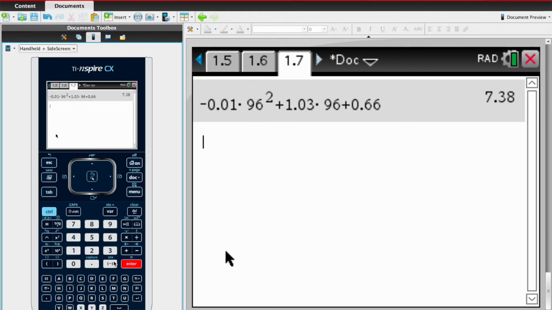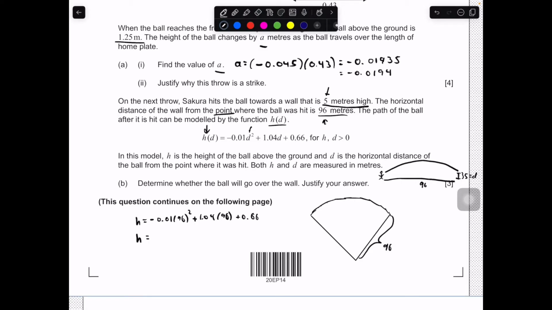And there it is. So the height at this point is 7.38 meters. So after this ball has traveled 96 meters, it's 7.38 meters in the air. The wall itself is just 5 meters, so it's cleared the wall. Determine whether the ball will go over the wall. Justify your answer. Why?